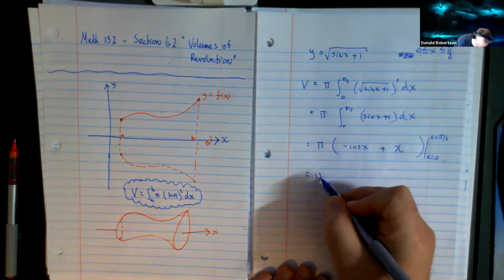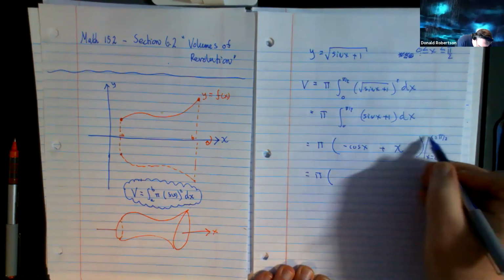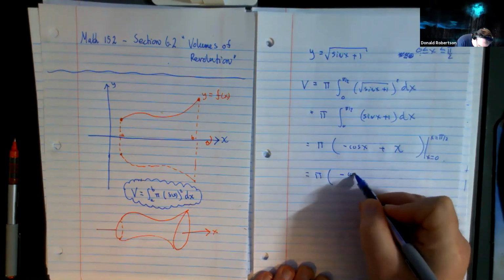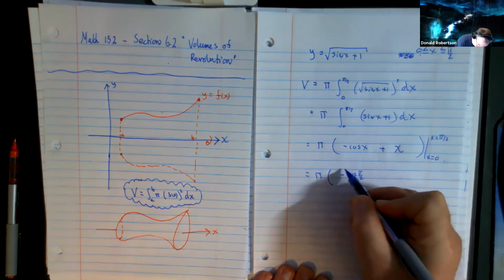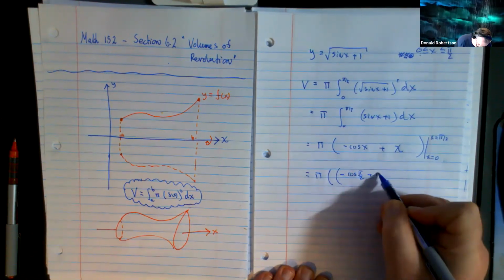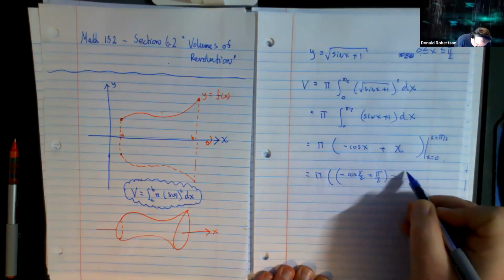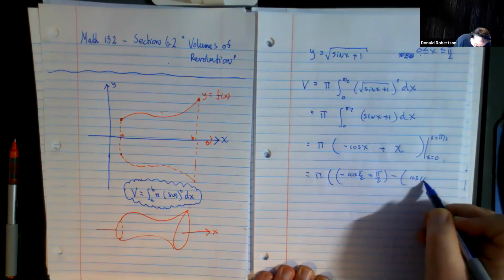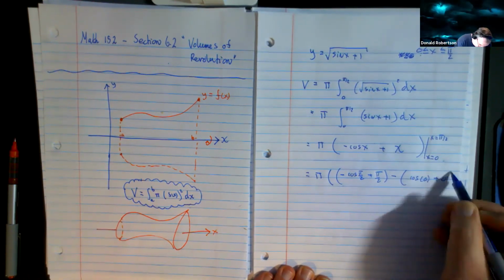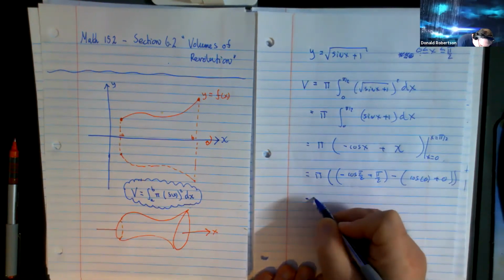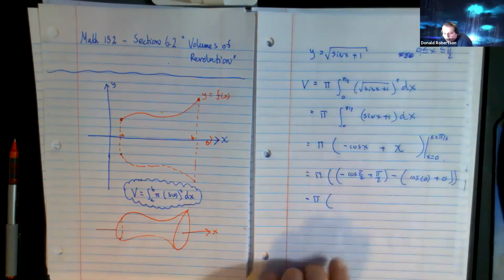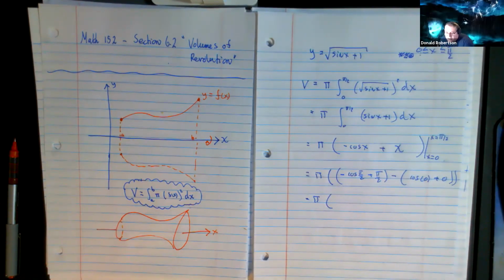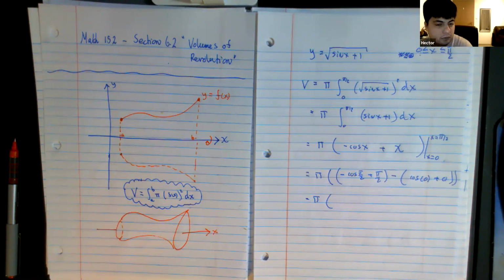So let's see what we get. Plug in pi upon 2, take away, plug in 0. What is the cosine of pi upon 2? 0. Good.